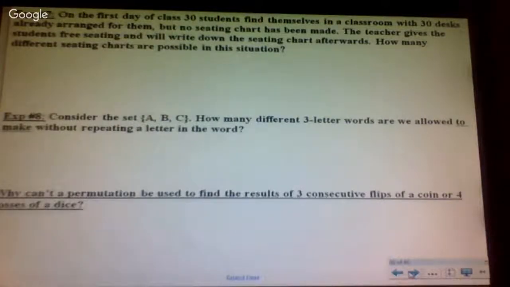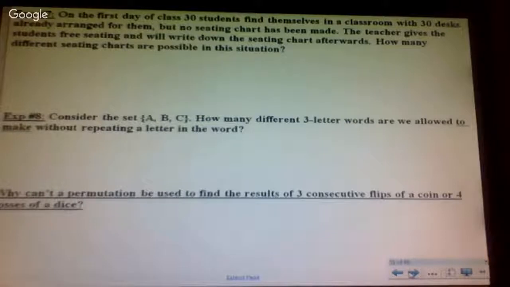Last 2. On the first day of class, 30 students find themselves in a classroom with 30 desks already arranged for them, but no seating chart has been made. The teacher gives the students free seating and will write down the seating chart afterwards. How many different seating charts are possible in this situation? Why is this permutation? You can only take 1 seat. Okay, so if Rebecca sits in 1 seat, nobody else can take that seat.